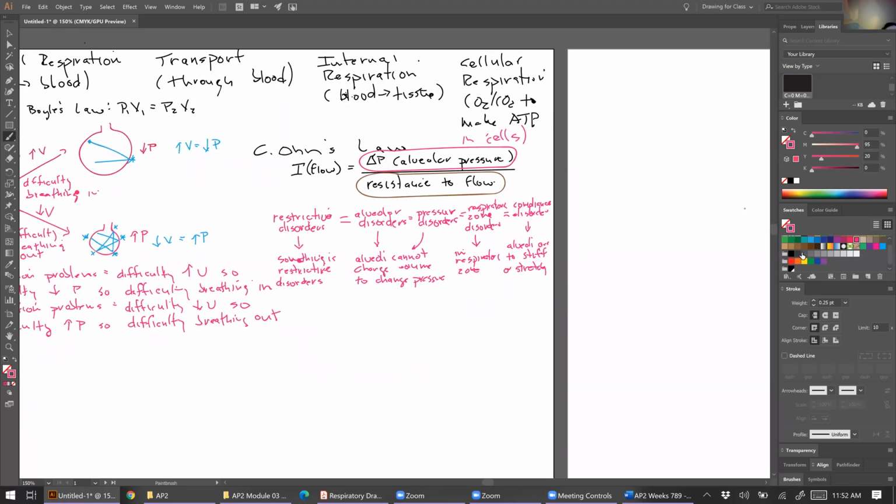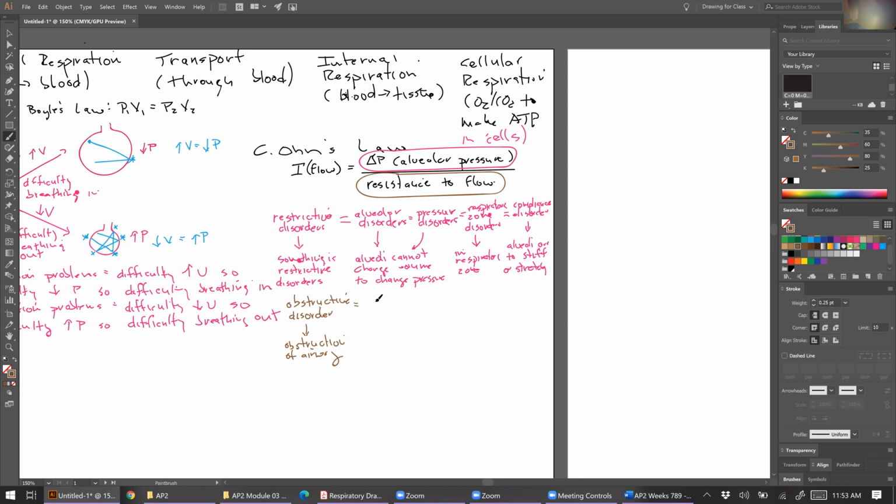Now switch to brown. These are called obstructive. That's the main term, because there's an obstruction of the airway. So again, it could be an inflamed airway, could be cancer, could be bronchitis, which is fluid in the airway, asthma is inflammation of the airway, so fluid.